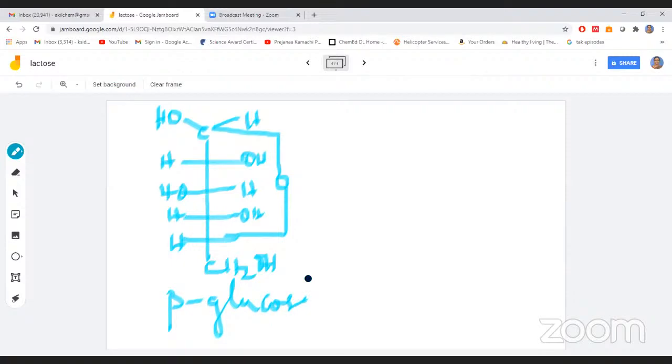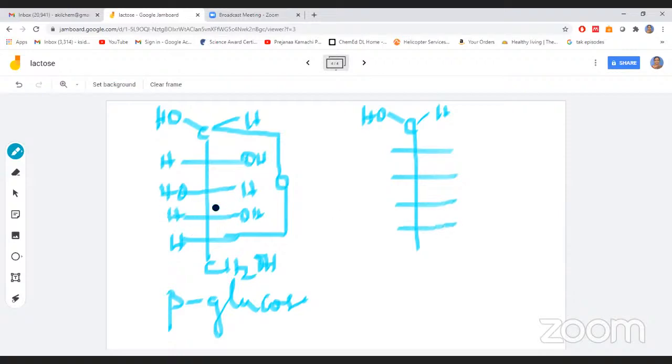So what is the structure of this galactose? Galactose is nothing but an epimer of glucose, where just the fourth carbon is different. In an epimer, the HOH position changes around one carbon. This is also in the beta form. Everything else is going to be the same except the fourth carbon.